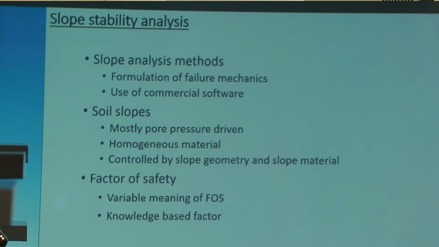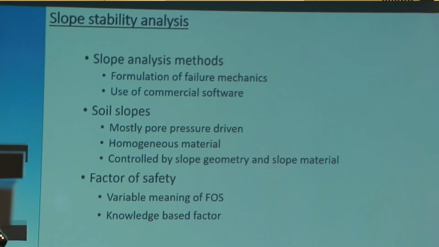And next thing, I'll just briefly say about factor of safety. What is the factor of safety? I think it has a variable meaning. In the existing stable condition, one means the stable condition. But when we analyze and get, let's say, 1.5, what does that mean?